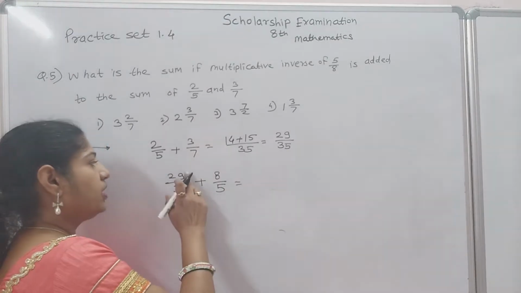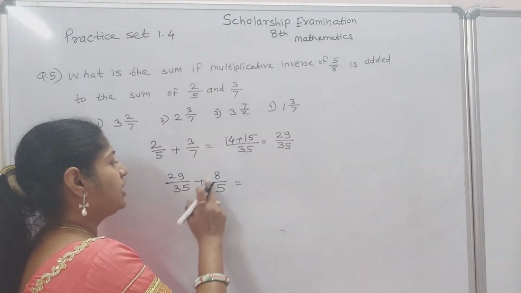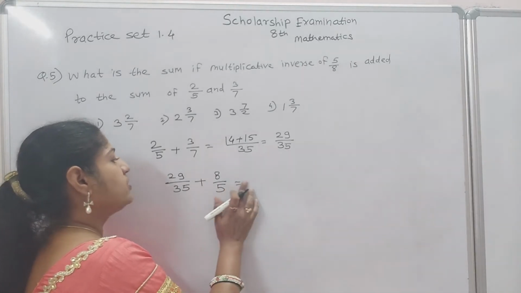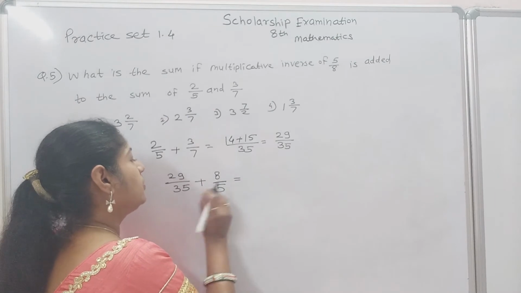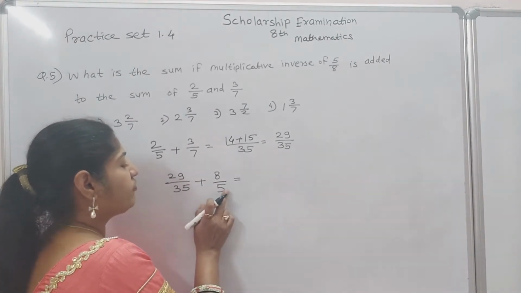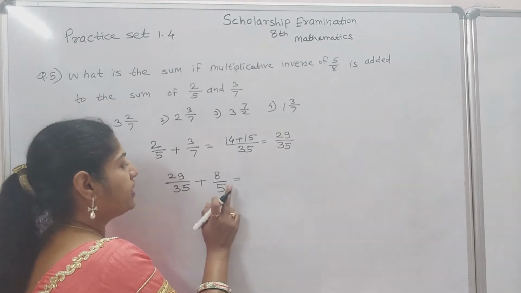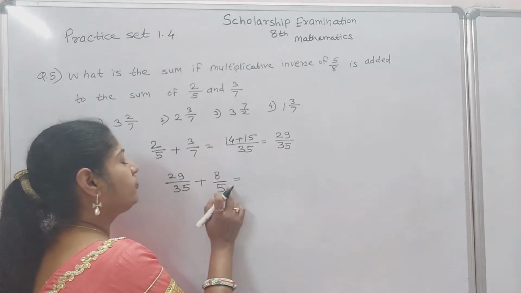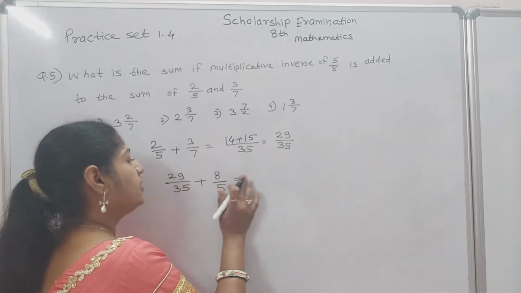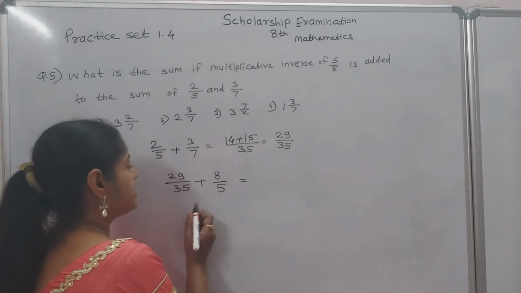Again, if we take a cross multiplication, the number is greater, so we have to make the denominators equal. So if we multiply 5 by 7, then the denominator is 35. So if we multiply 5 by 7, then the numerator is also multiplied by 7.